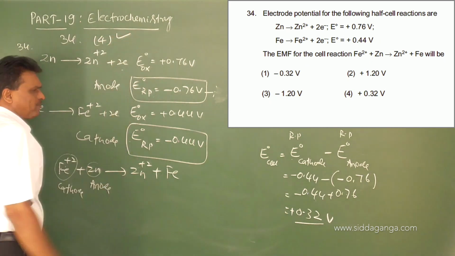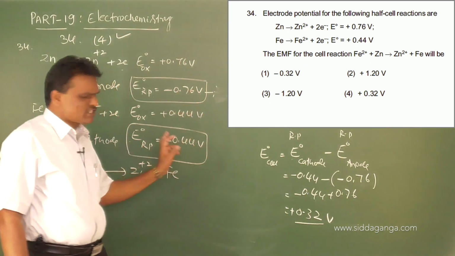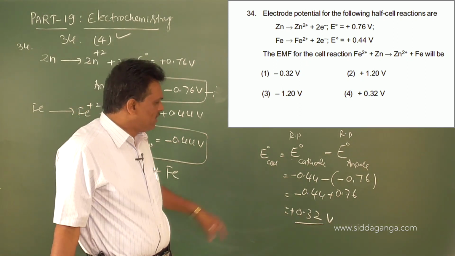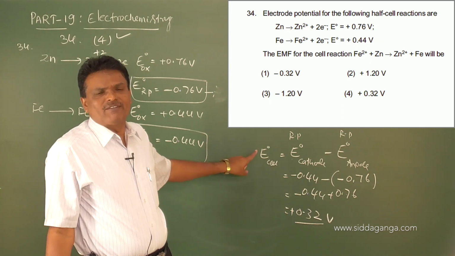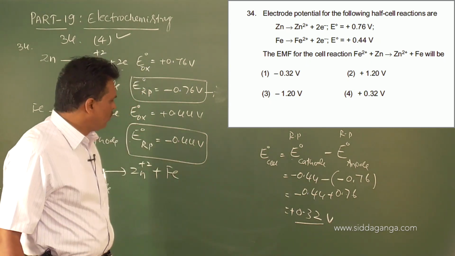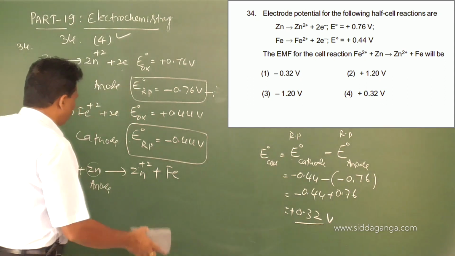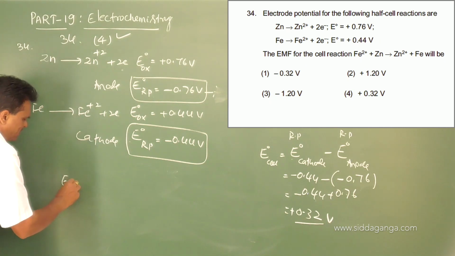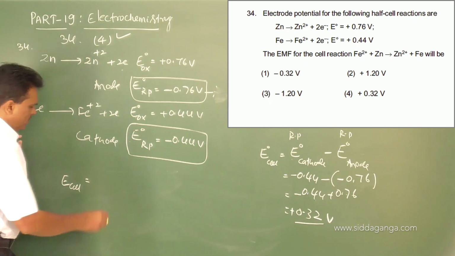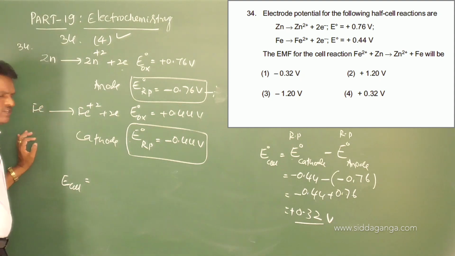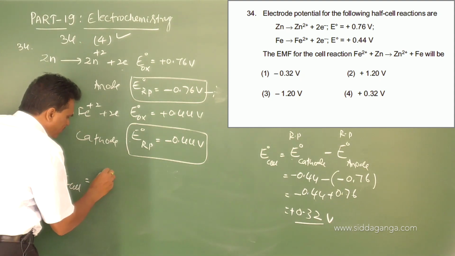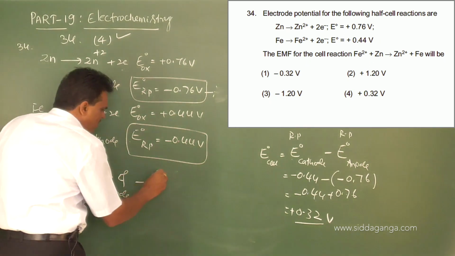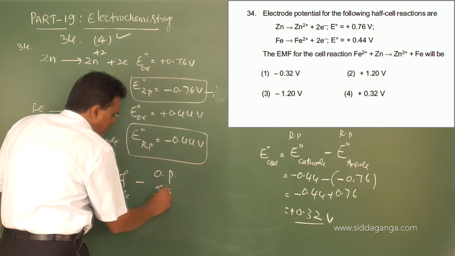Then by considering oxidation potential values. In the previous class already, I will give you one more formula. EMF of cell is also equal to, look, one more formula: EMF of cell is equal to oxidation potential of anode minus oxidation potential of cathode.